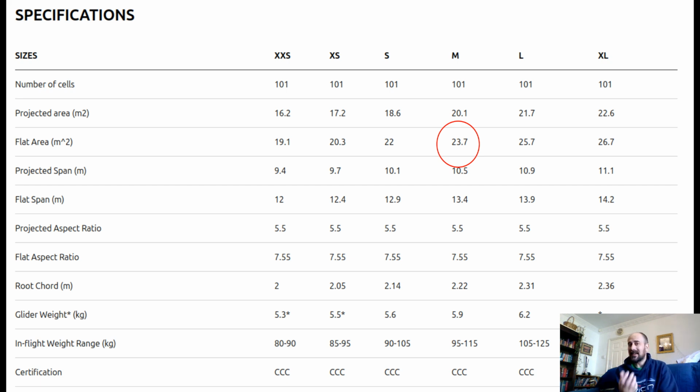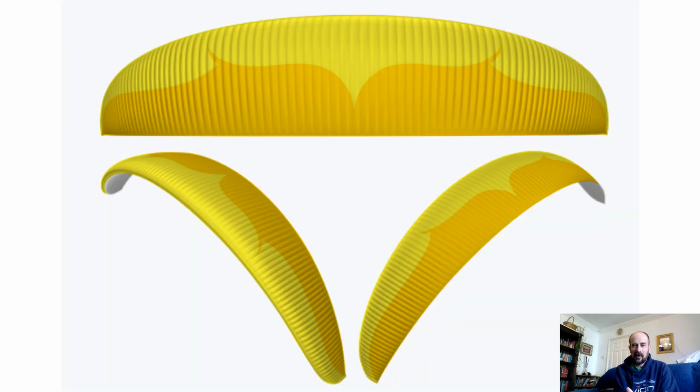So the question is, how do paragliders manage to perform as well as they do? And you can kind of get a good clue when you look at the plan form of them. So looking at it, you can see it's pretty well an elliptical plan form. So don't worry about the trailing edge being straight.